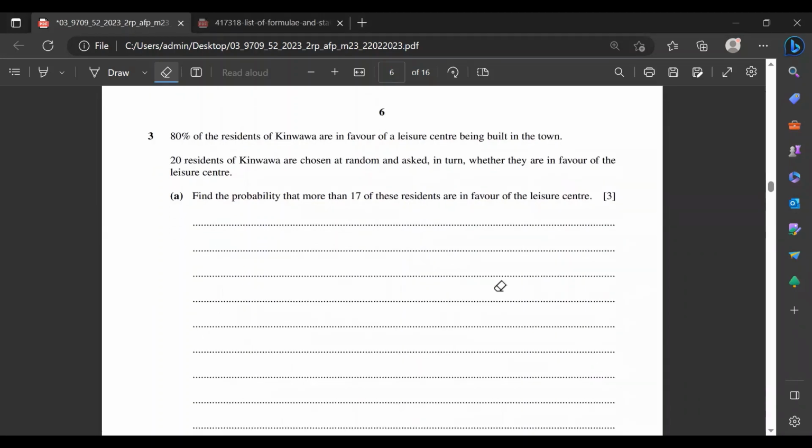So 80%, it's talking about the leisure center, so in favor of the leisure center. I can use P equals 0.8 as the probability of success, then Q will be 0.2.